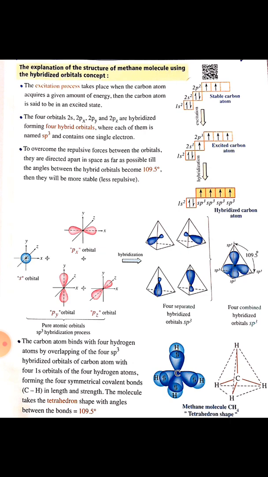So now the carbon atom is ready for each one of them to overlap with 1s from a hydrogen atom. So at the end, we get the methane molecule, CH4, with an angle between bonds of 109.5. The bonds here are very strong because they are between a hybridized orbital and a pure one.